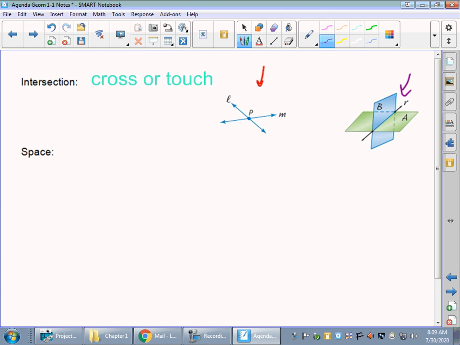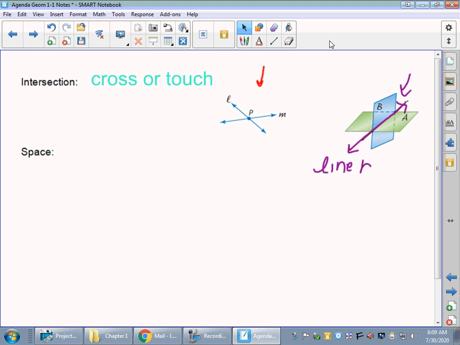And it looks to me like more than a point is formed when you have those two planes intersecting. I've got this whole line right here, line R. I don't know how to make a cursive R. Line R is the line of intersection. So when two planes intersect, we've got ourselves a nice line because there's got to be a lot of points where they cross.